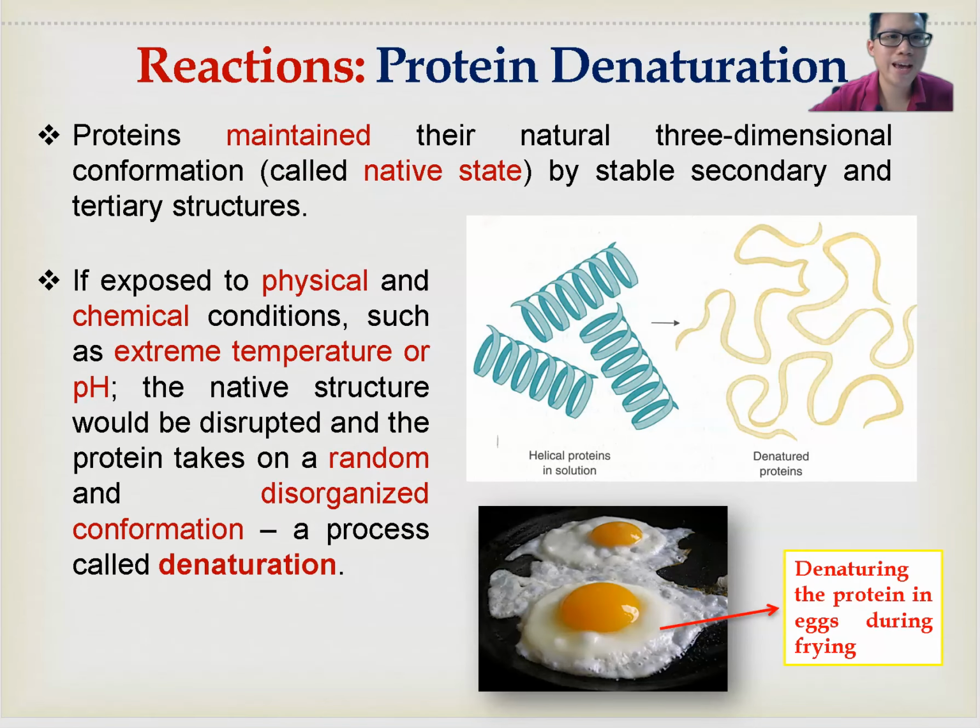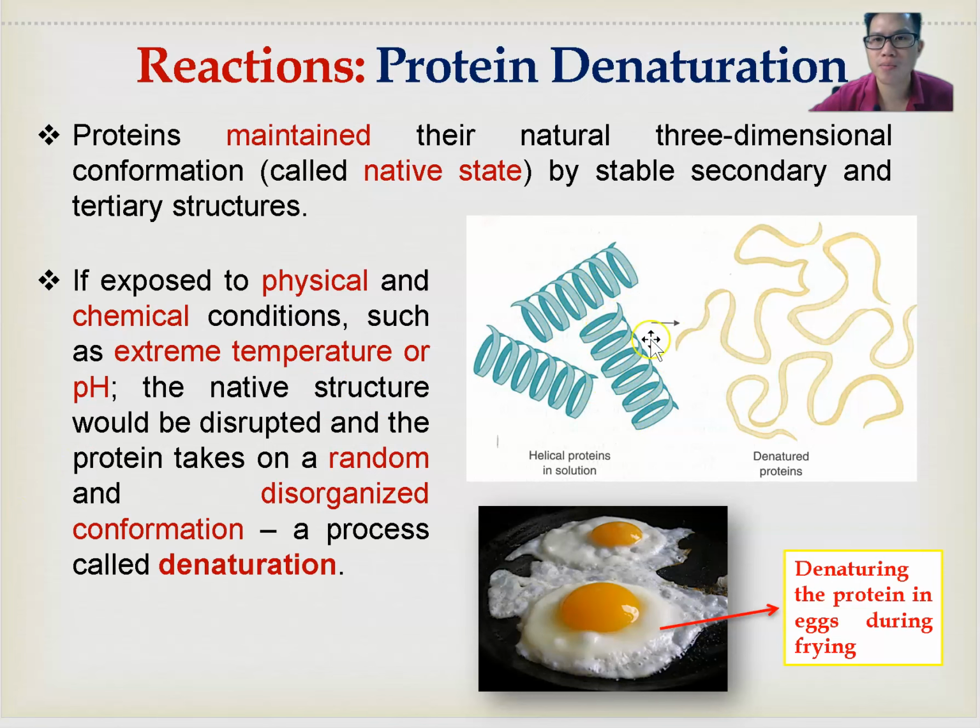Whereas if you're looking at denaturation, denaturation is not hydrolysis. There's no breaking, or very limited breaking, of the peptide bonds. Denaturation is due to a change in the environment leading to unfolding of the proteins. For example, you can see from here, it unfolds into a random structure.